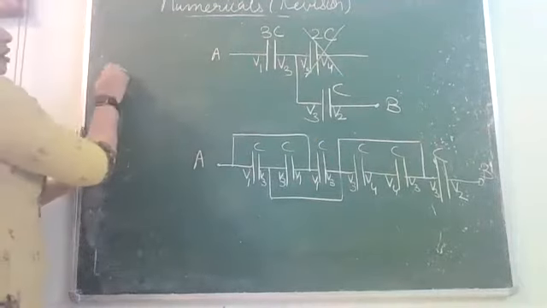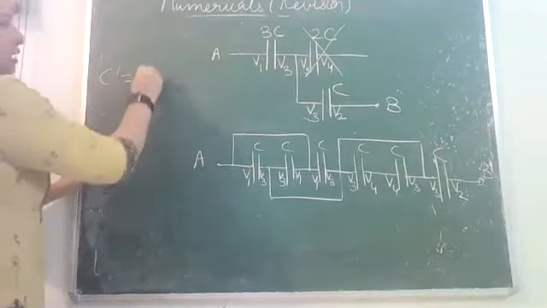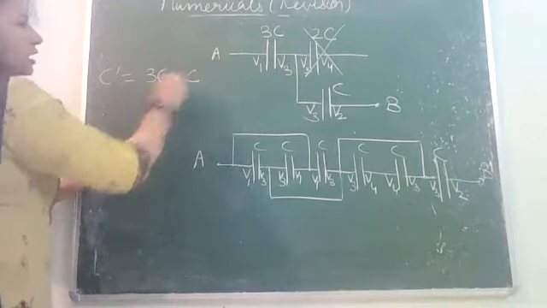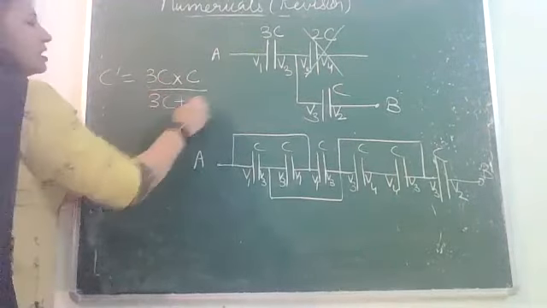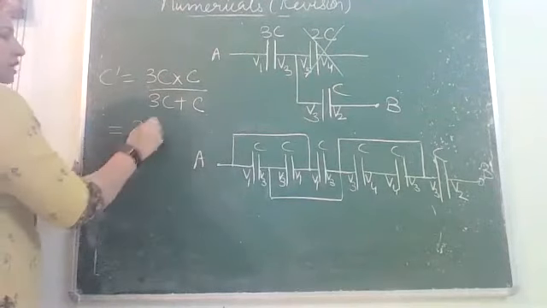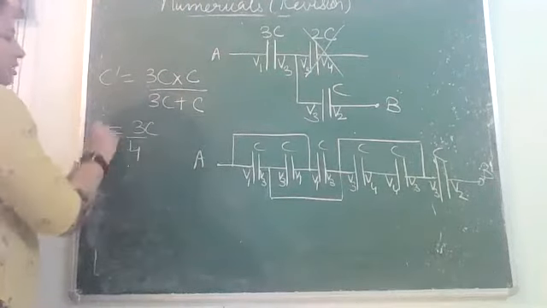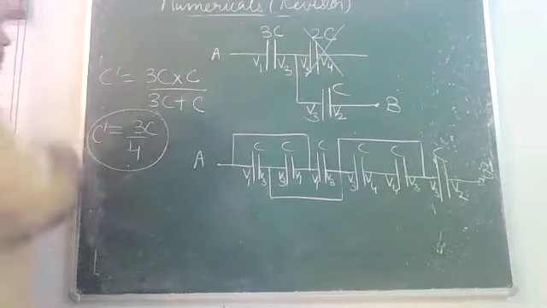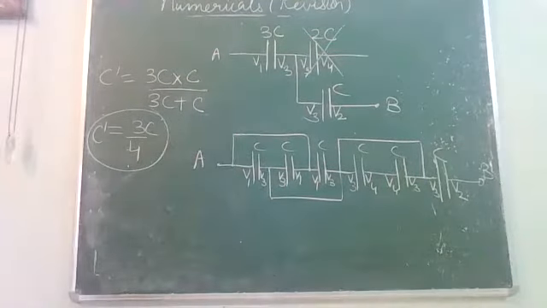So we'll just solve and find the equivalent capacitance of the network. 3C into C over 3C plus C. They are in series. So this is 3C by 4. This is your answer. So your answer is 3C by 4.